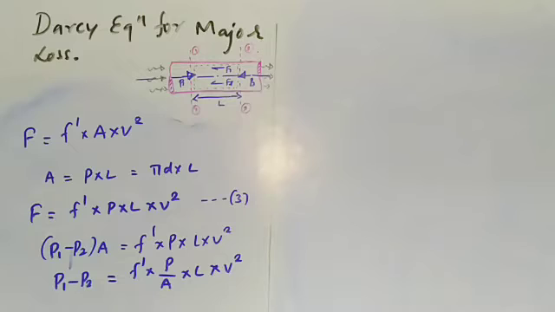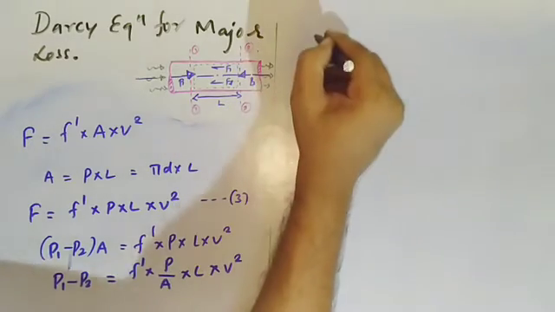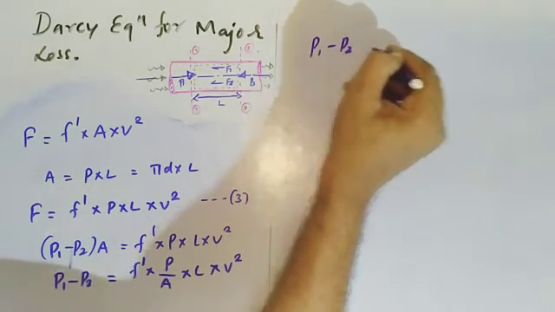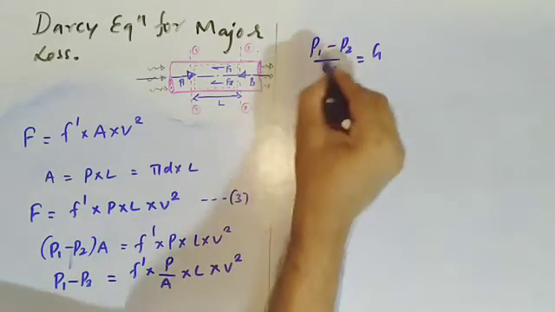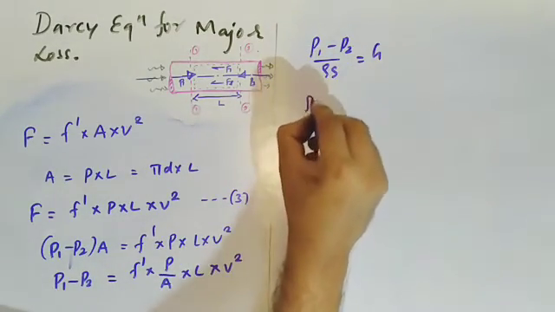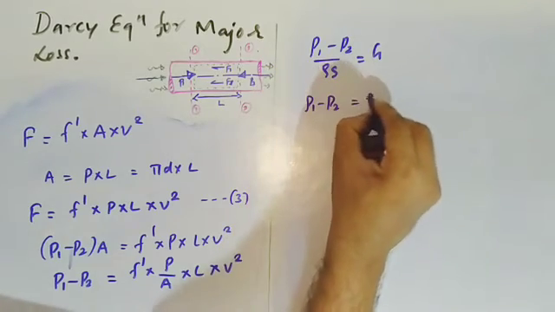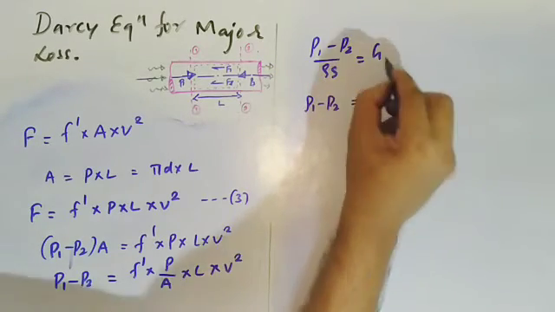Now we have already identified in the first equation that (P1 minus P2) by rho g will be equal to HF. So I can replace this P1 minus P2 with rho g into HF.